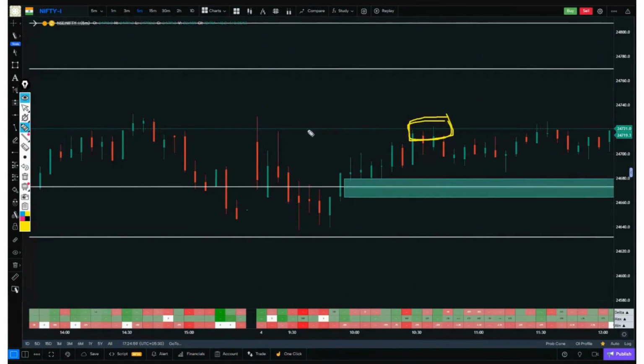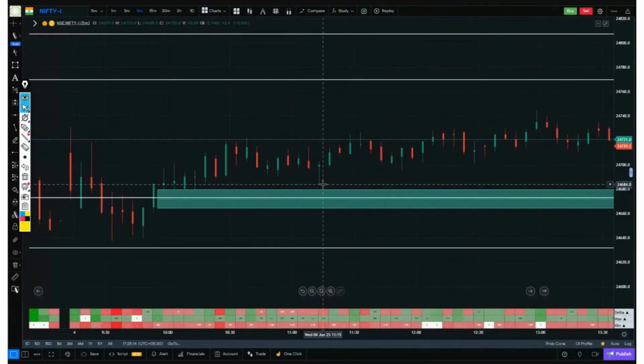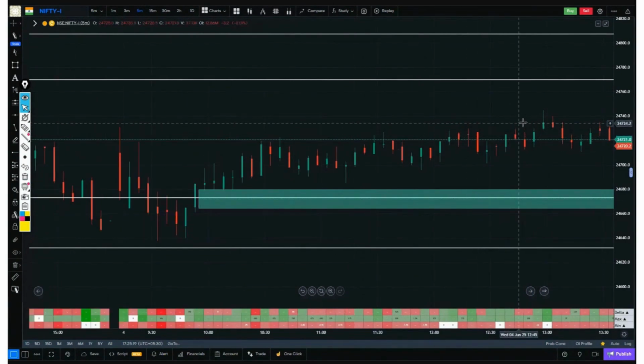The buying absorption that happened here, it broke through it at this point. And this is the zone where the market can take a pullback. So again, it came back there once more, and after that, it was sideways, not a bullish movement.